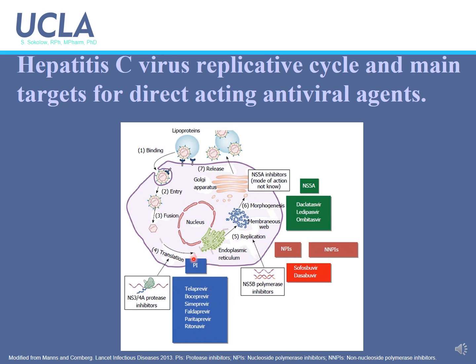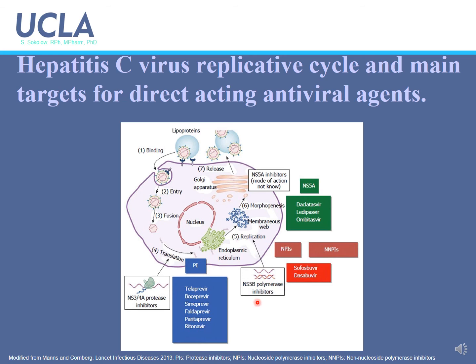And then the next step is the replication. Once the genetic material of the virus integrates in the host cell, it is going to be able to replicate within the host cell, and this replication is inhibited by the NS5B polymerase inhibitors, because the NS5B is mediating this step.